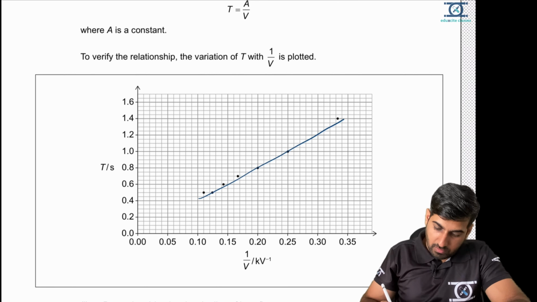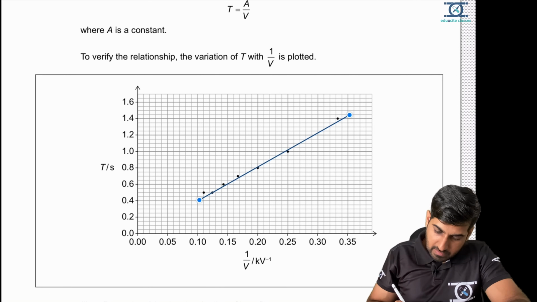If I want to draw a line of best fit, it should be drawn such that the points are at equidistance from the line of best fit.